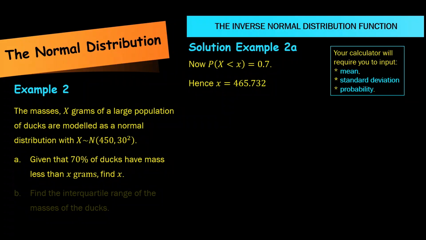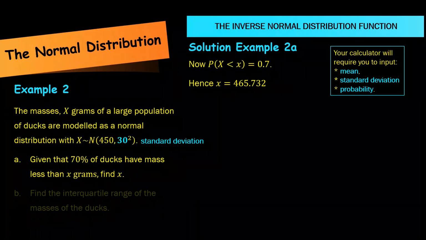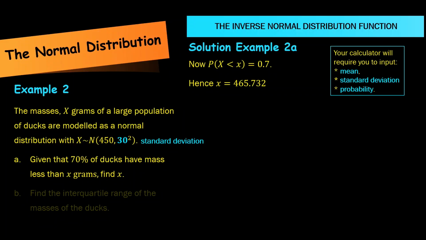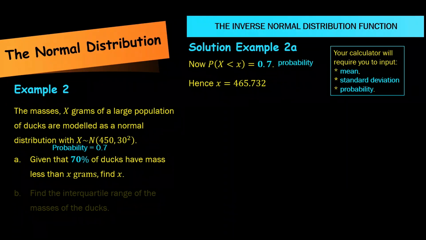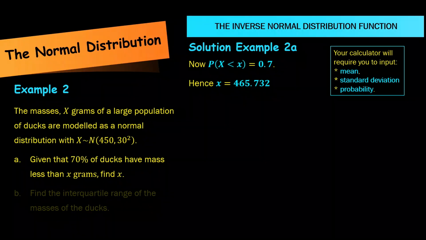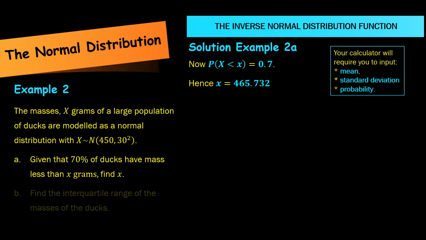So our mean is 450, our standard deviation is 30, and our probability equals 0.7. And from this, we can input all these values and obtain x equals 465.732.